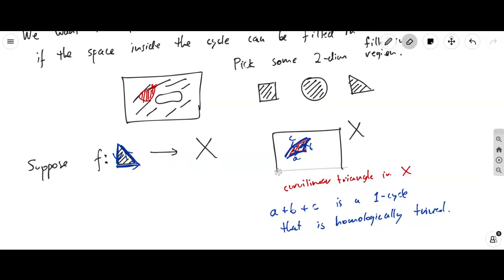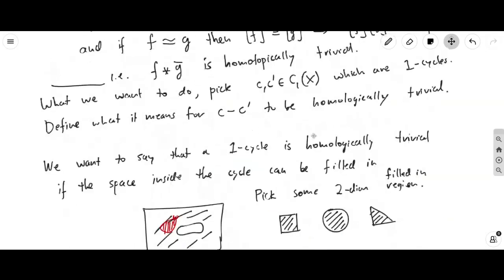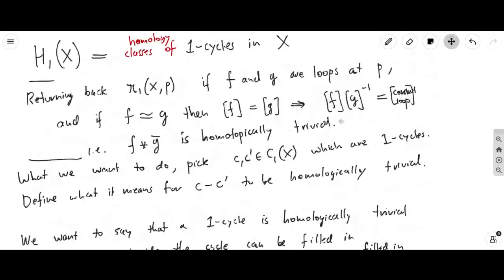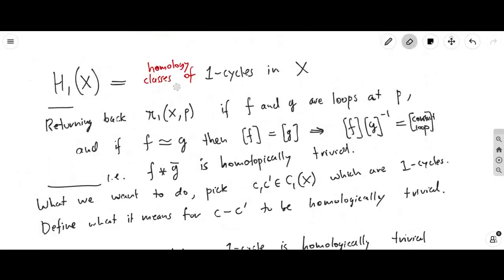So that right there is the idea. Here's how we're going to define homology classes. If we have two cycles, C and C prime, we would say that they are homologically equivalent if we take their difference and we can make their difference be homologically trivial.